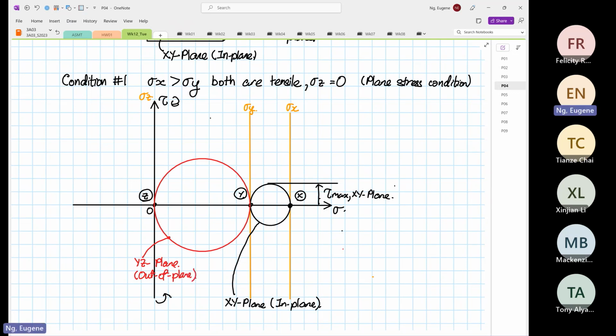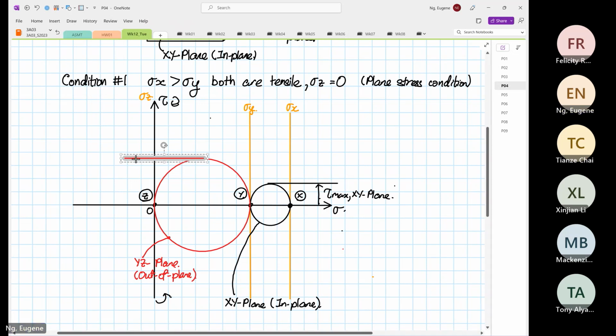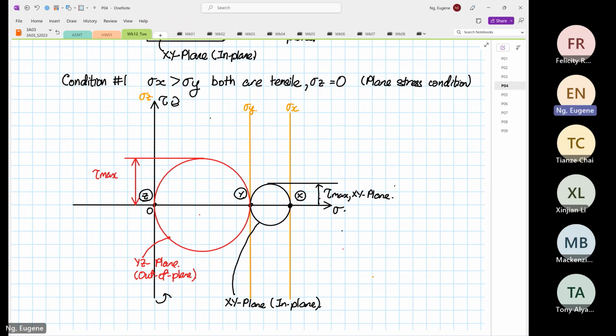And we know that the maximum shear is at the tip here. So over here, this is your tau max for the YZ plane.